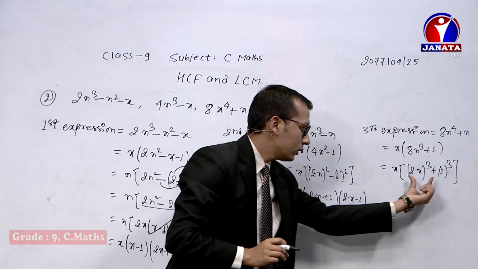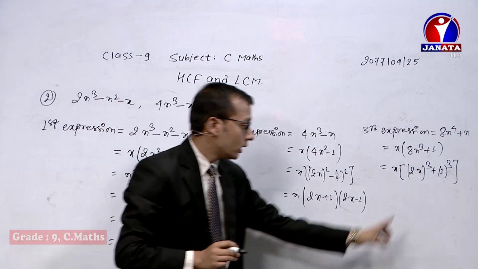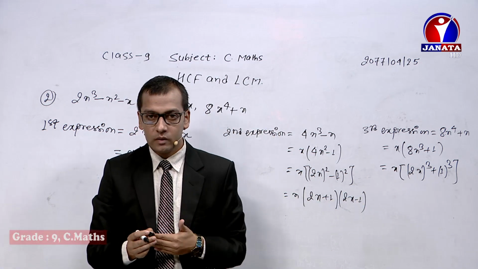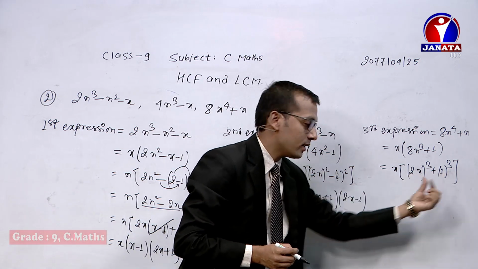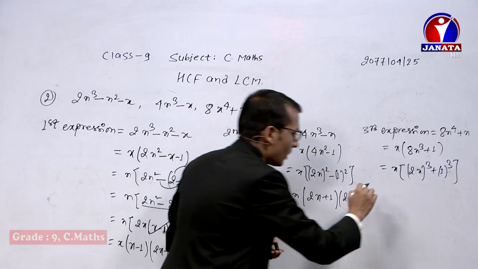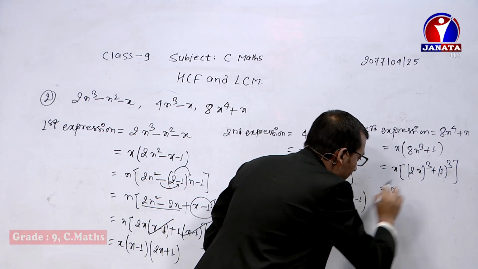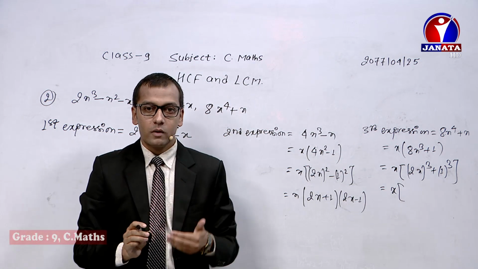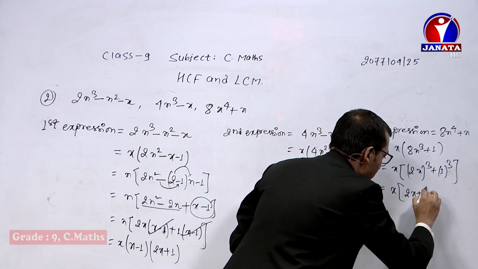We know there are two factors of a cube plus b cube. So to convert this into a cube plus b cube form, we need to know what a is. A is 2x and b is 1. Let me do the next step. X times, what is the first factor? It's a plus b, so 2x plus 1.